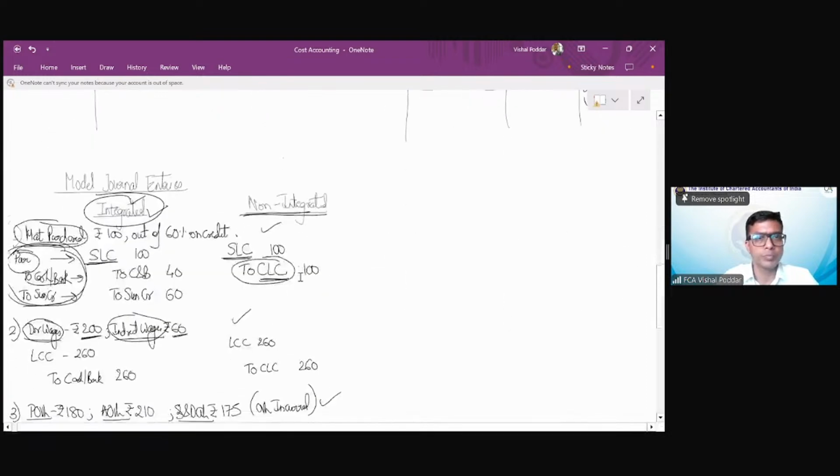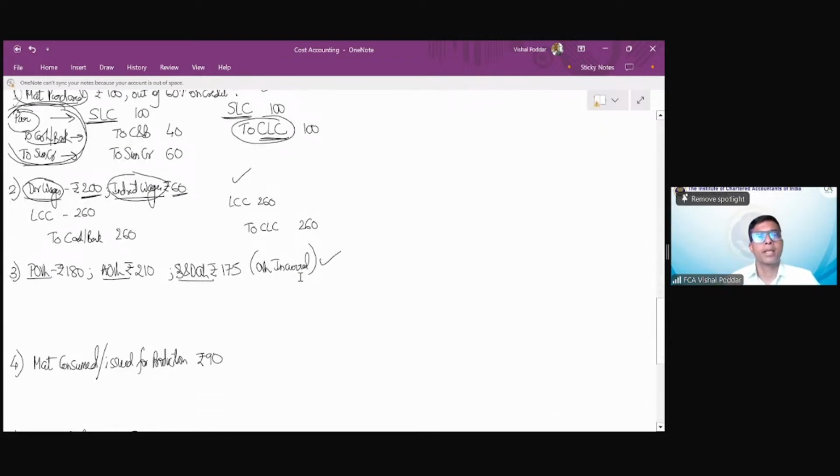Now, next transaction is overheads incurred, मतलब overheads paid. What will be the entry?